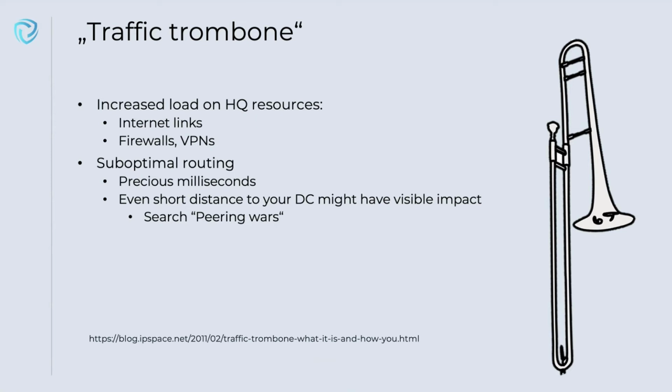But another thing that we learned is that even if your remote users are very close to your central office from a distance point of view, maybe within 100 kilometers or 100 miles, and you might think that the latency is not great, so it's all good. The problem here is that the internet does not always work as we want it to work.